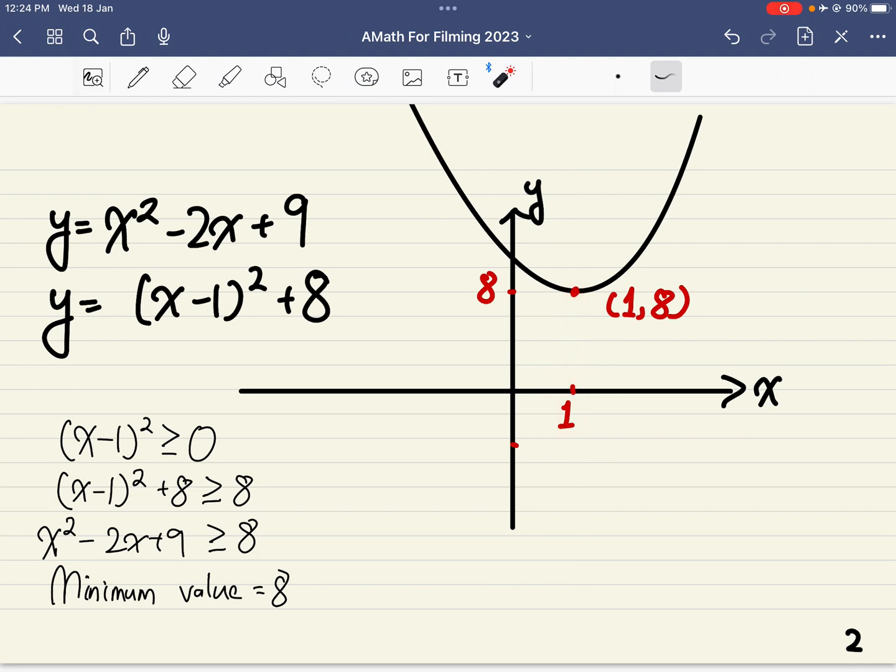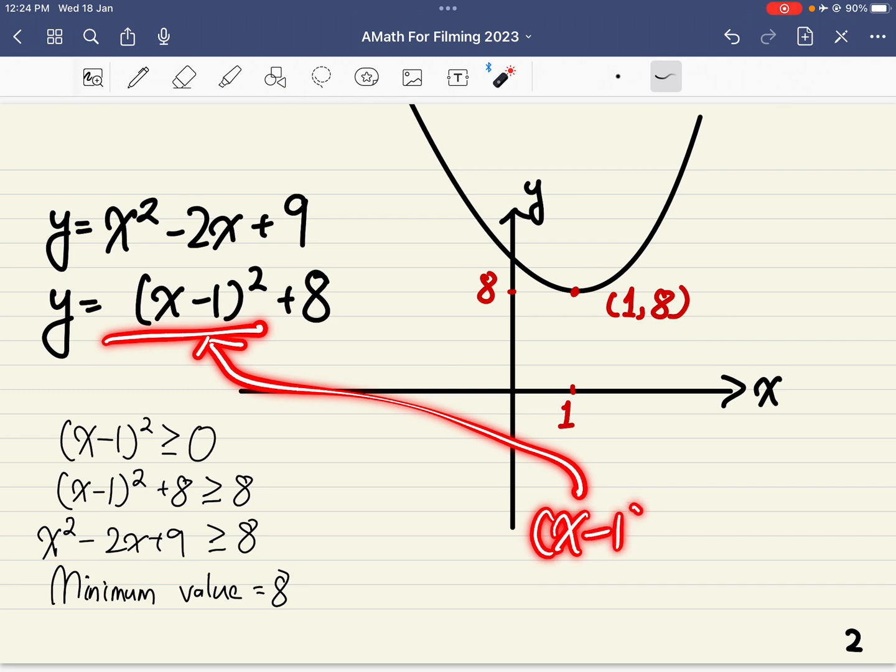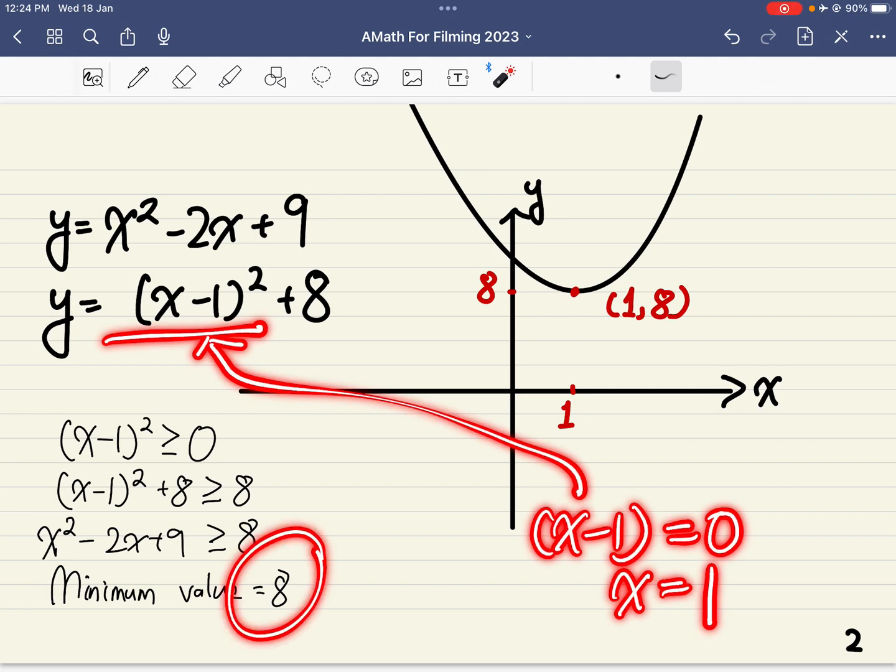If you don't believe me, use any graph software to draw this for you. So how do I get this value of 1 here? It actually comes from this x minus 1 squared. My intent is to make this portion of the completed square form equal to 0. So I say x minus 1, I equate it to 0. My x value is 1. So it means that my minimum value of y is 8 when my x value is equal to 1.